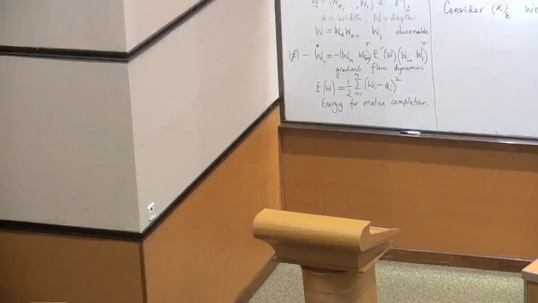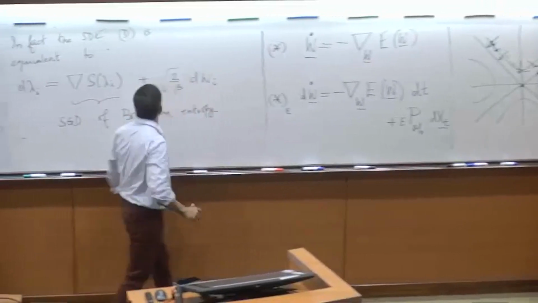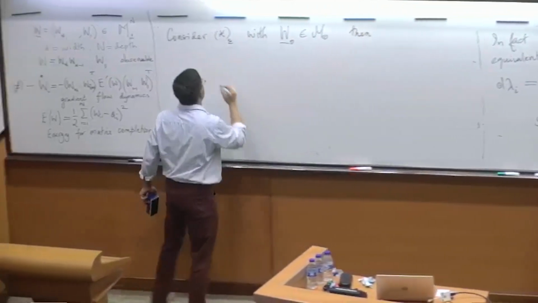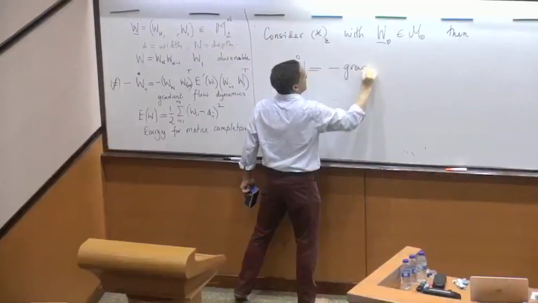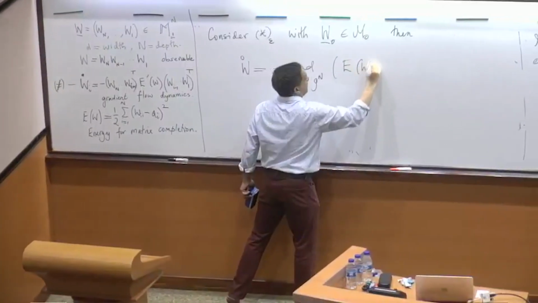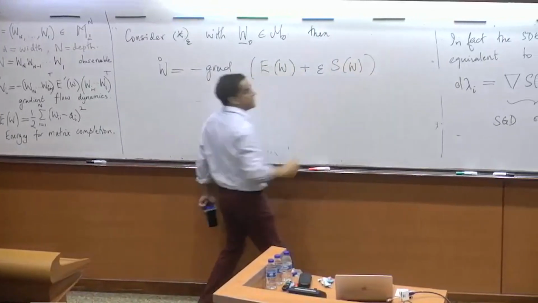So this is Brownian motion in the ambient space, and this is the projection onto the tangent space. So I'm just doing stochastic fluctuations over there. Then W dot is equal to minus the Riemannian gradient downstairs of the entropy plus epsilon S of W. Okay. So that's the theorem.